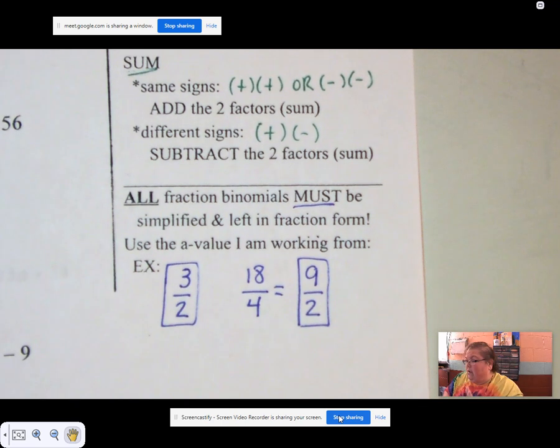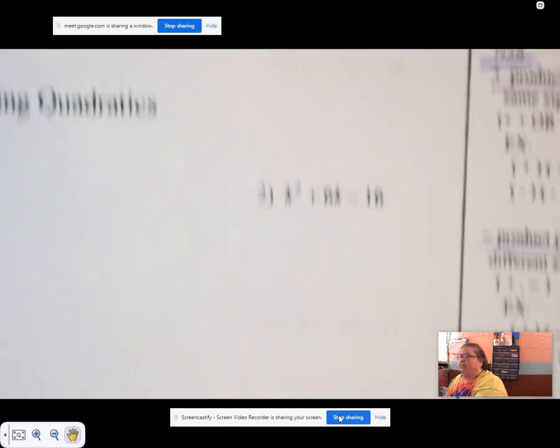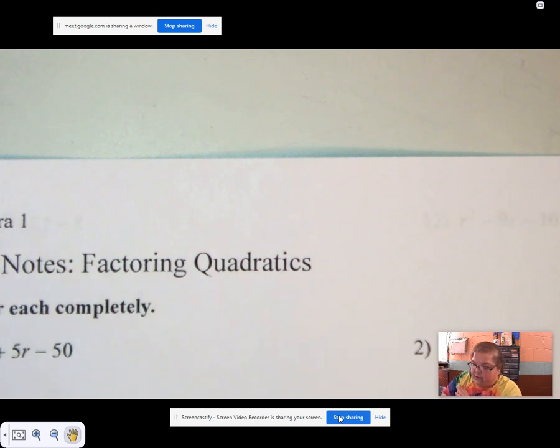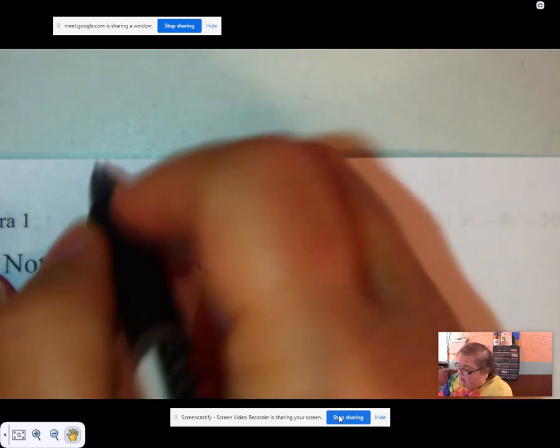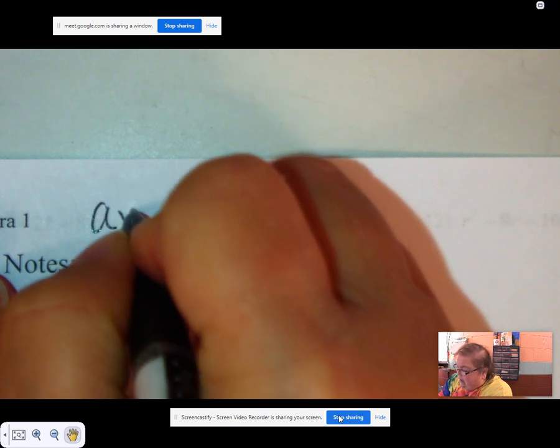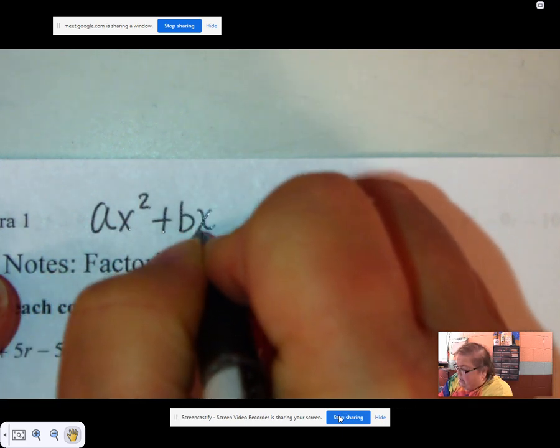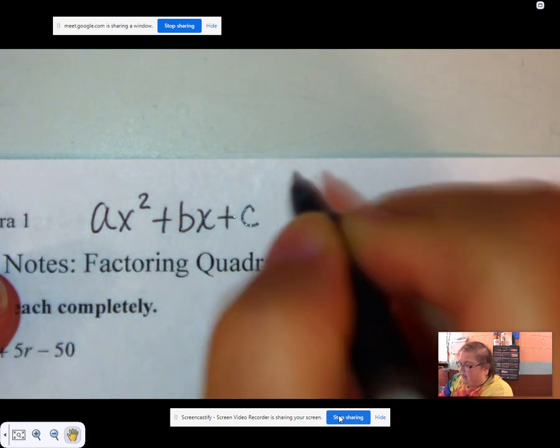All right. Now, a couple other things we're going to write at the top, okay, so that you can understand a couple things I haven't explained yet. First of all, standard form for quadratics. And I know you know this, okay, this will bring it back to your memory. Ax squared plus bx plus c.